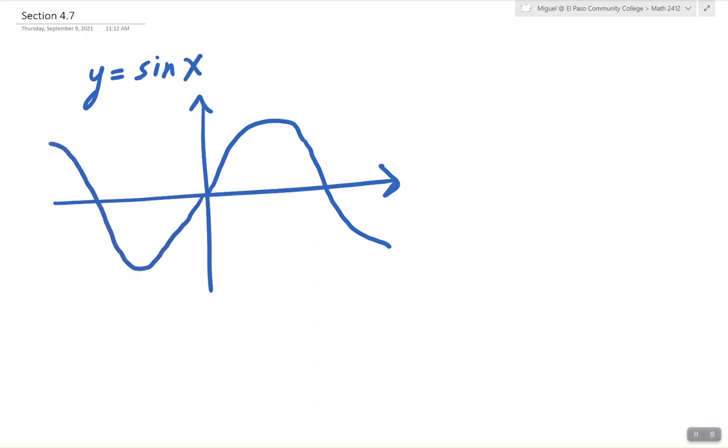So something like this, right? We can tell it's a function because it passes the vertical line test, right? The waves just keep going left and right. But everywhere I do a vertical line, it passes the test, so we know it's a function.